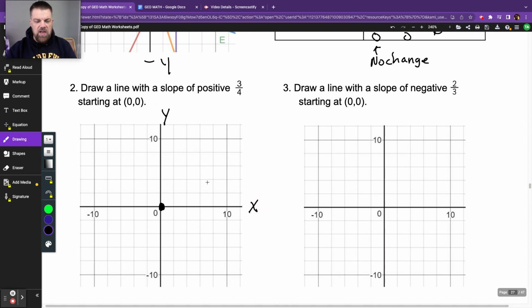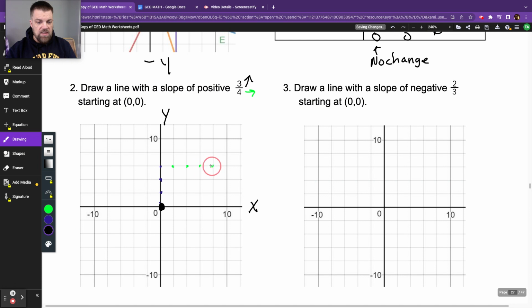If I have a positive 3 over 4, that means that my rise, 3, means I'm going to go up 3. So from here I go up 1, 2, and then 3. And then from there, I'm going to have a run of 4. So that means I'm going to go over 1, 2, 3, 4.